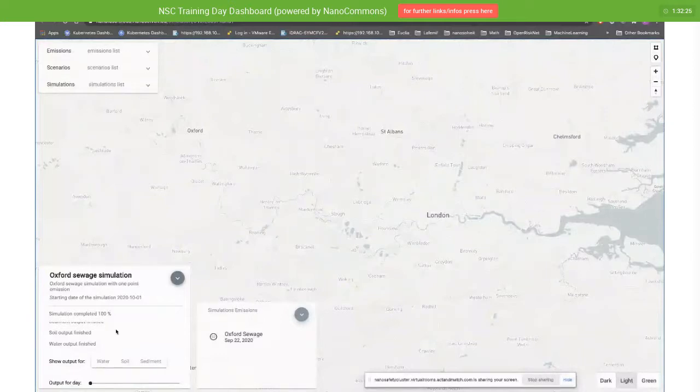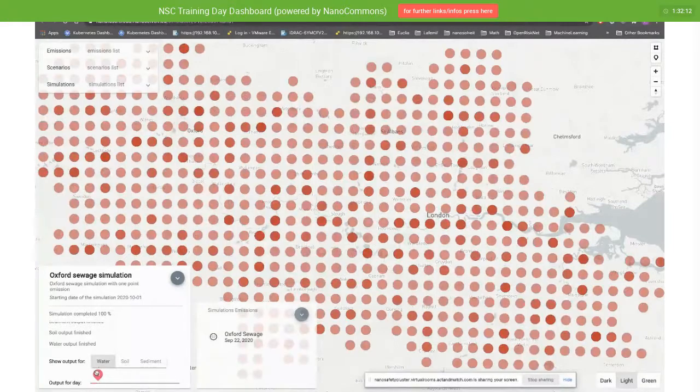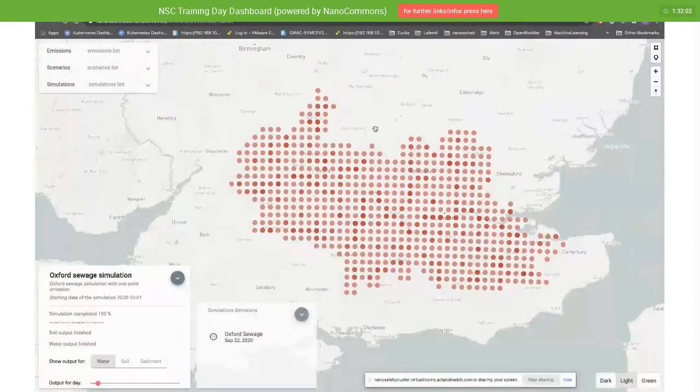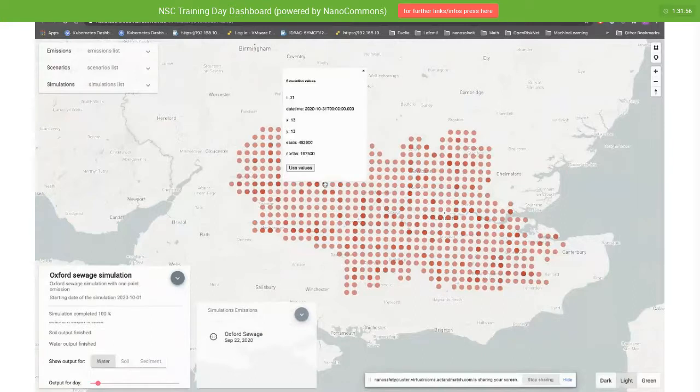One can show the outputs for the water. I'm pressing water and I'm choosing that I would like to see the water, and then I choose the output day. By clicking on this line here, I choose now the 31st day of the simulation. On the map now I have rendered some points, and when I click upon a point, I can see all the simulation outputs.